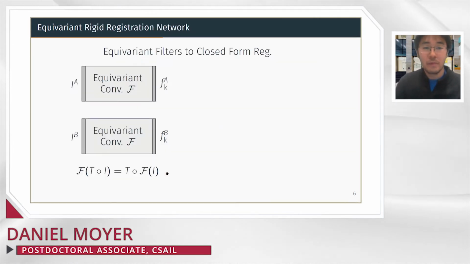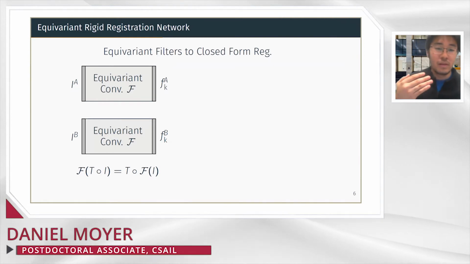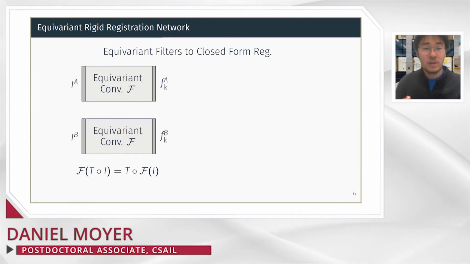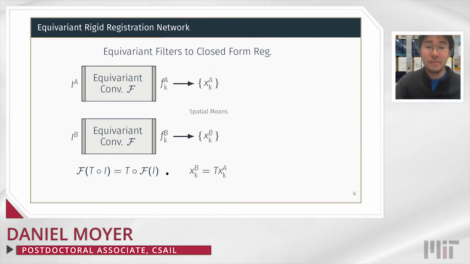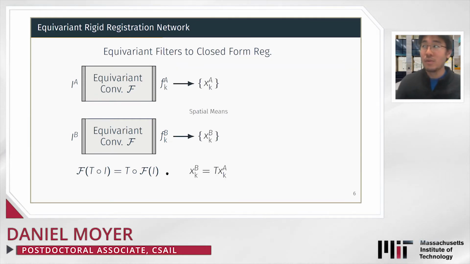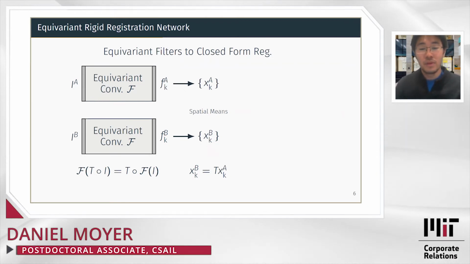So again, if we apply these filters to two images, which are secretly a translation or rotation of each other, the filters themselves will be a translation and rotation of each other. Great. That means that summary statistics will also be a translation or rotation of each other, maybe the spatial mean of each filter, or the weighted spatial mean.